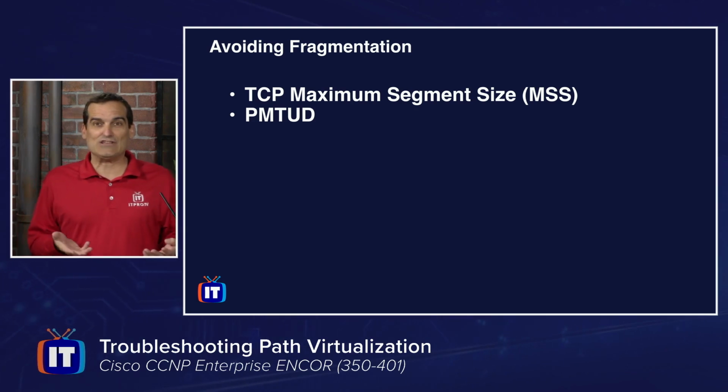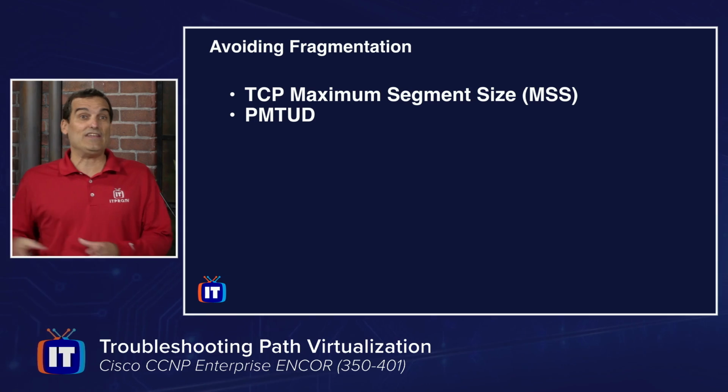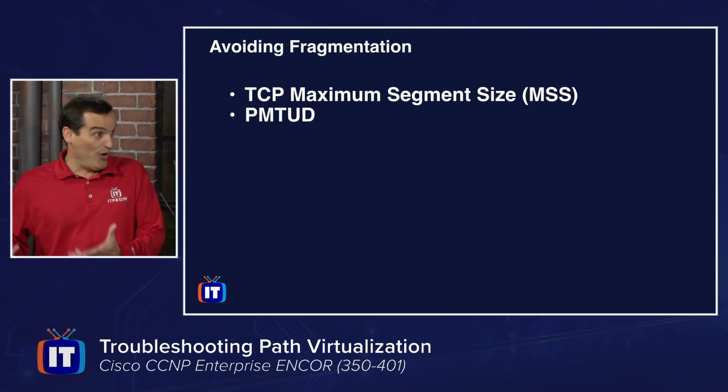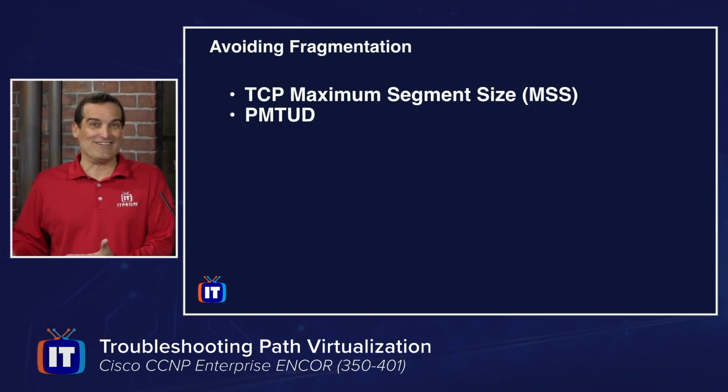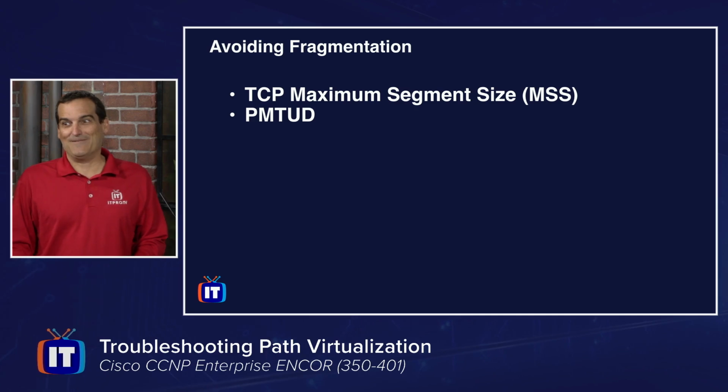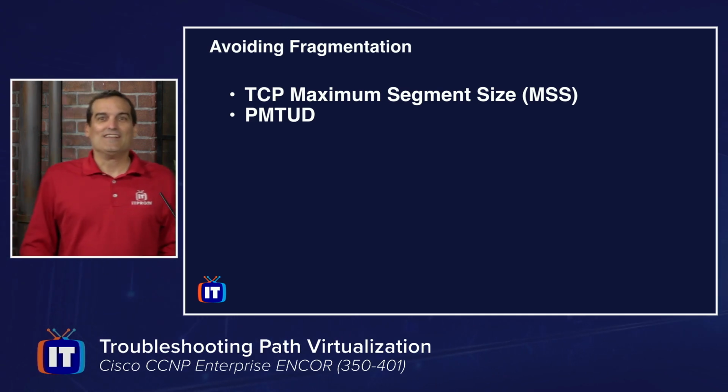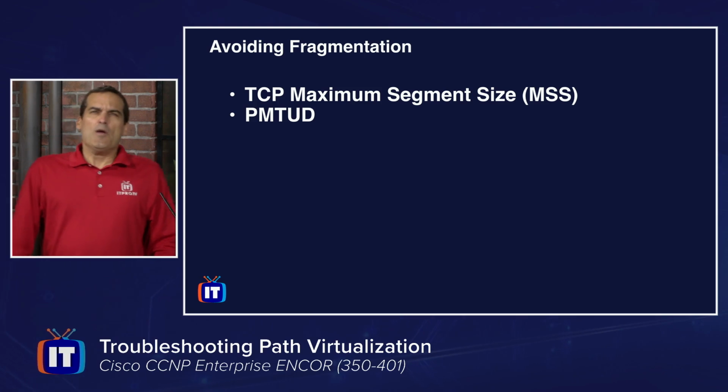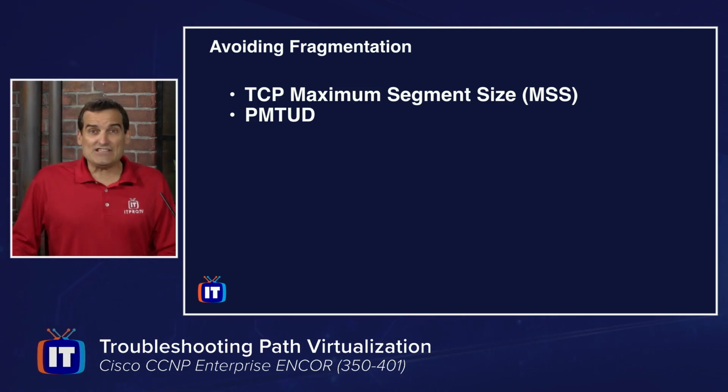There's actually a Cisco technology where you can have interfaces that aren't as busy, neighboring interfaces, help with the fragmentation and reassembly. It's like, hey, we'll all pitch in. So pretty interesting. But understand, it's nice to avoid it altogether. And please know these two technologies for your Encore exam.